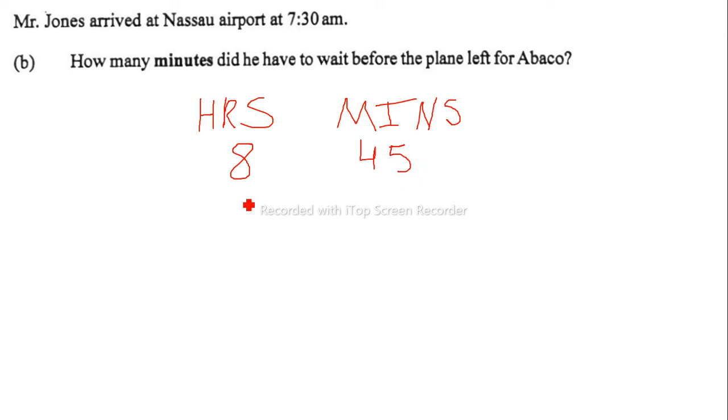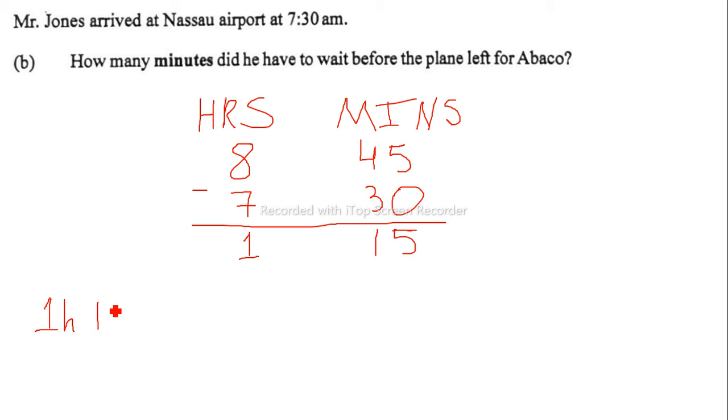Would it be 1 hour and 15 minutes? Someone said 1 hour and 15 minutes. He was there from 7:30. They didn't say how many minutes. They say in minutes, though. So 5 minus 0 is 5. 4 minus 1 is 1. 8 minus 7 is 1. So it's going to be 1 hour and 15 minutes.